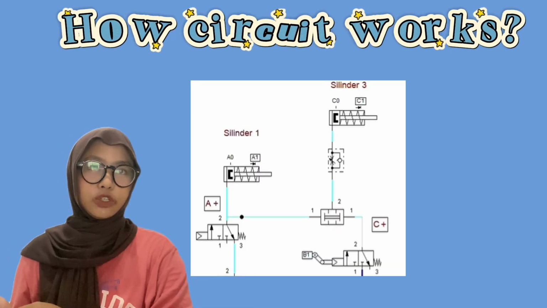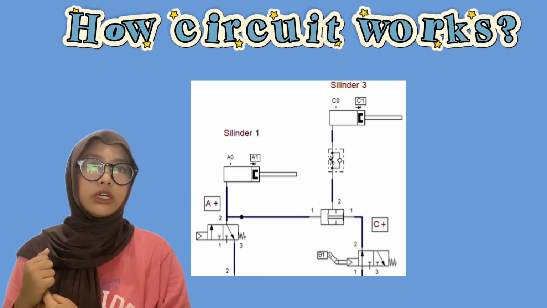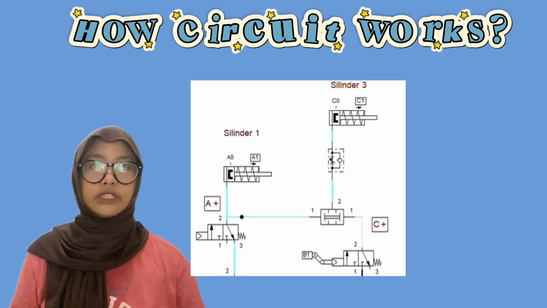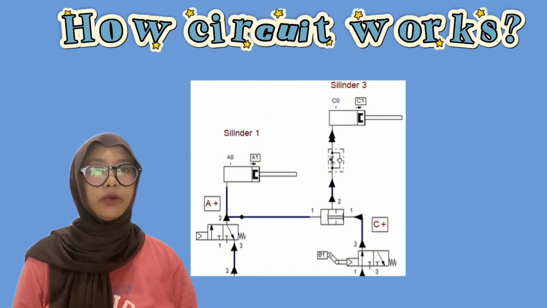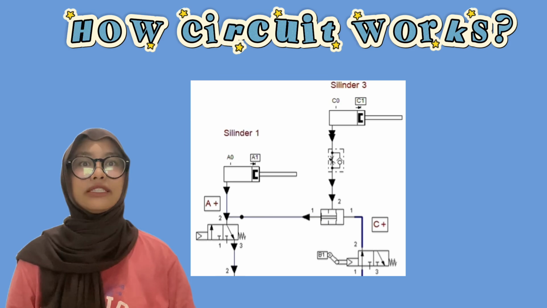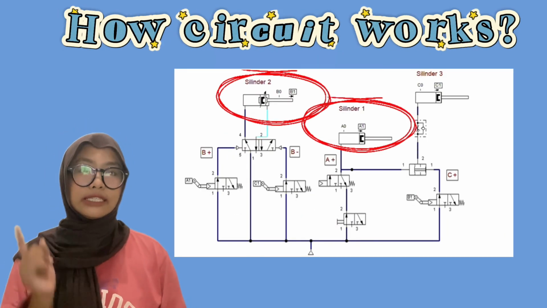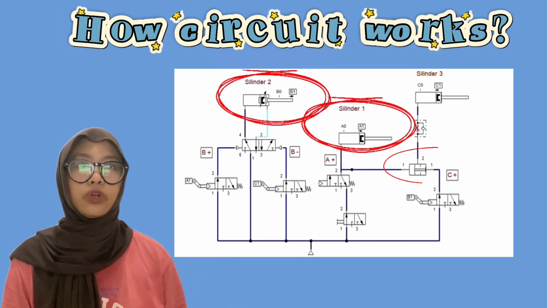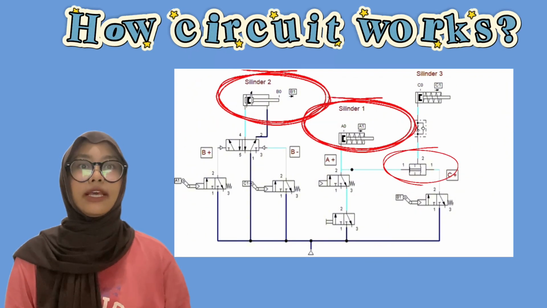The AND condition is only active if 2 pressure signals are present at the same time. It's A1 and B1. It means that cylinder 3 can only move forward if cylinder 1 has moved forward and cylinder 2 has moved forward, or both cylinders are active.